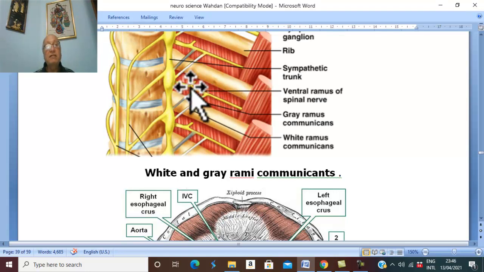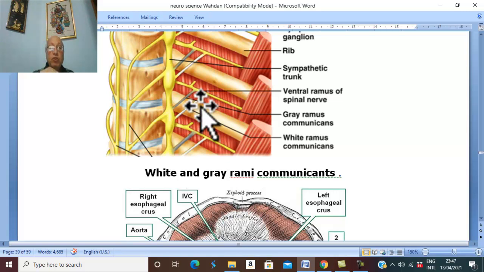We all know that the anterior primary ramus of each thoracic spinal nerve is connected to the sympathetic chain by a white ramus communicans, and white rami communicantes are present only from T1 to L2. Why?